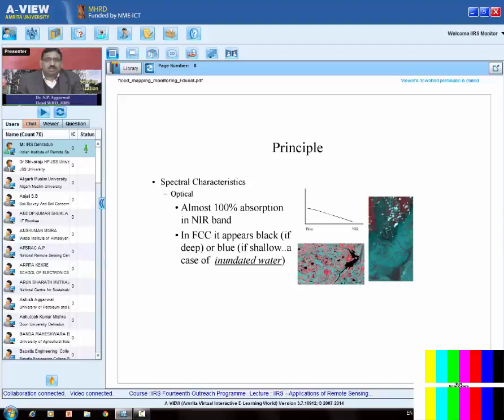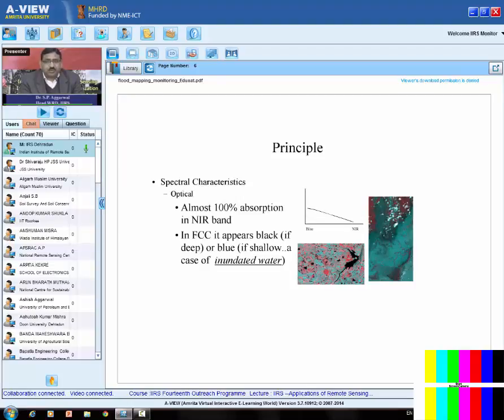But if you see this, whenever we are talking about satellite imagery, we always talk about different tones, like red color means vegetation, cyan colors may be building, it may be open or bare soil, black color may be water.